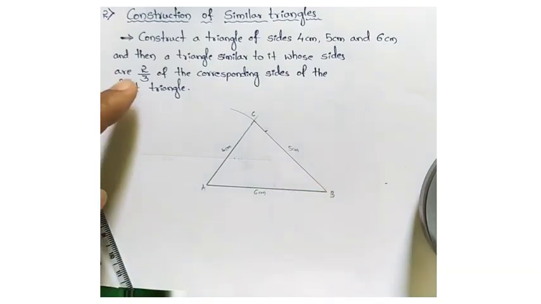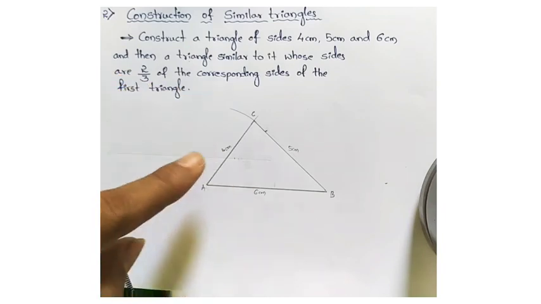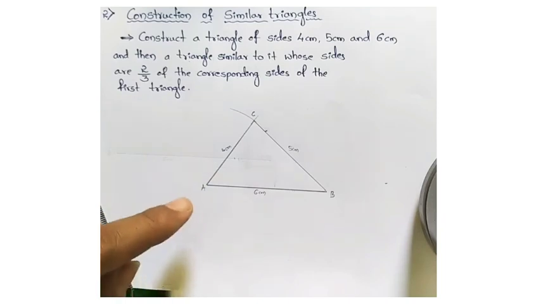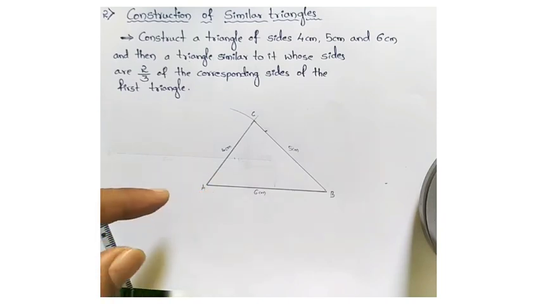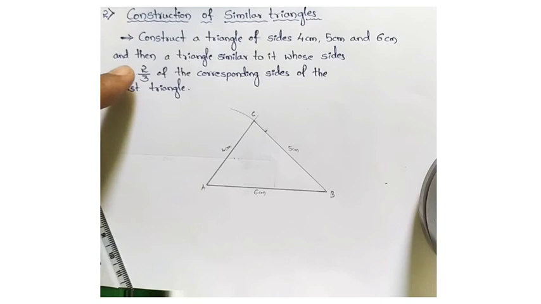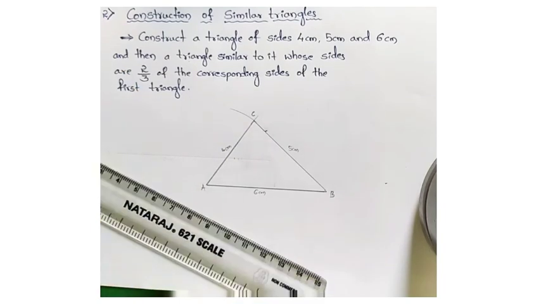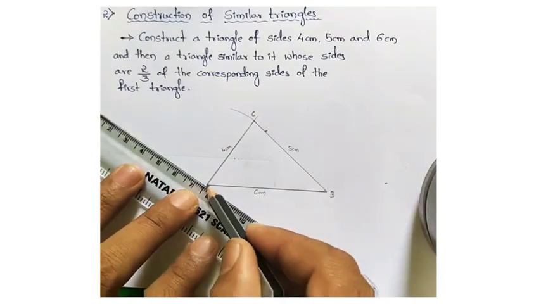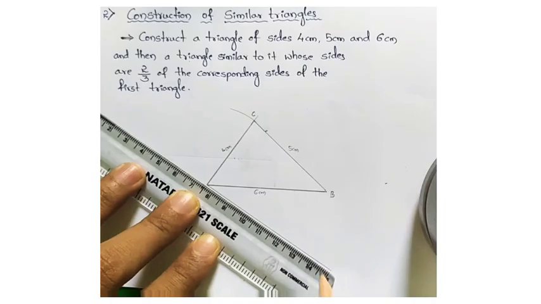Okay, now we have to construct a triangle whose sides will be 2 by 3 of the corresponding sides of the first triangle. For this triangle we have to draw another triangle. Its sides should be in the ratio of 2 by 3 ratio. Okay, for this we need one acute angle height with any measurements.